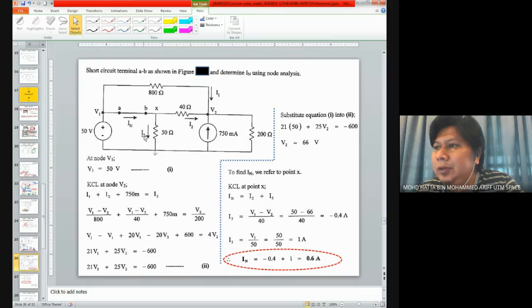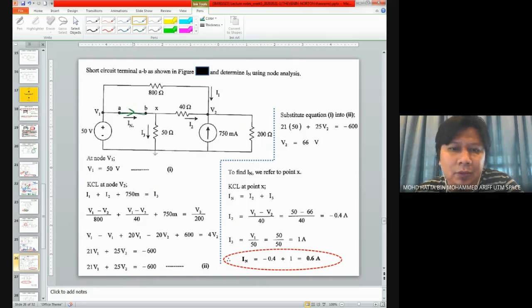Later on, what we're trying to do is we try to find IN using node analysis. And remember that to find IN, what you need to do is you try to short circuit the open terminal and label it as IN to be in that direction. You can also put it in the other way around, or in the opposite direction.